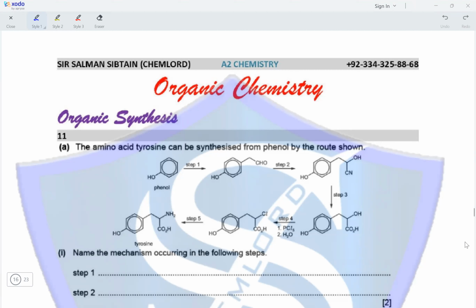So chloroalkane is converted into an amine. Name the mechanism occurring in the following steps. Step 1 is electrophilic substitution. And step 2 is nucleophilic addition.